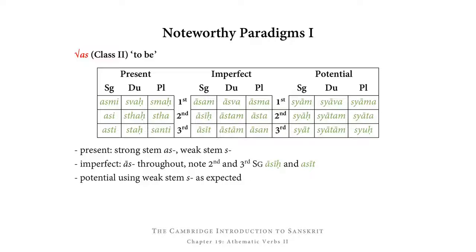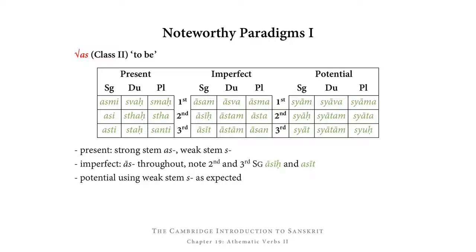So we have the stem as, we have the endings visarga and t for the second and third singular respectively, and in between those we have appearing this long i. So we have asam, asich, asit, asva, astam, astam, and then in the plural asma, asta, and asan.